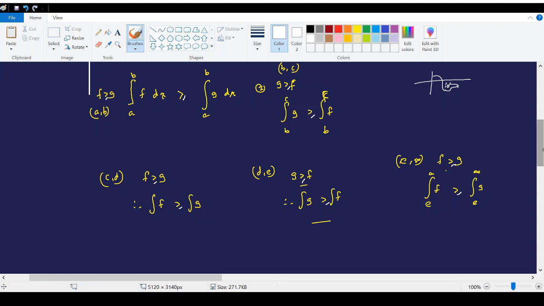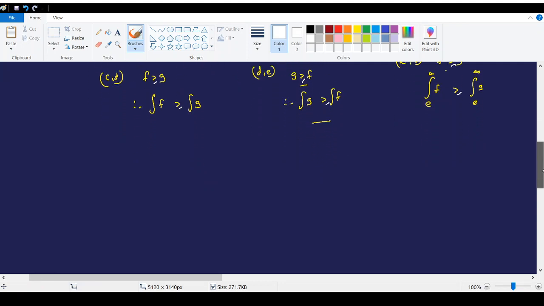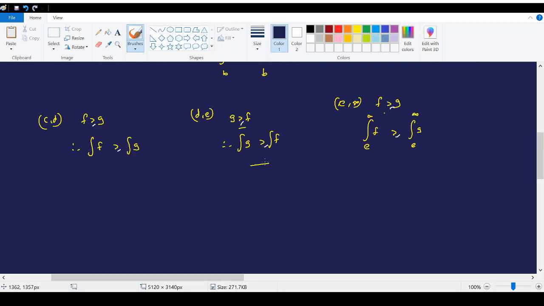So if I summarize it as a theorem with precise statements, well, before writing the general statement, I will explain it a bit more. Now, we saw that the improper integrals can also be compared, right?